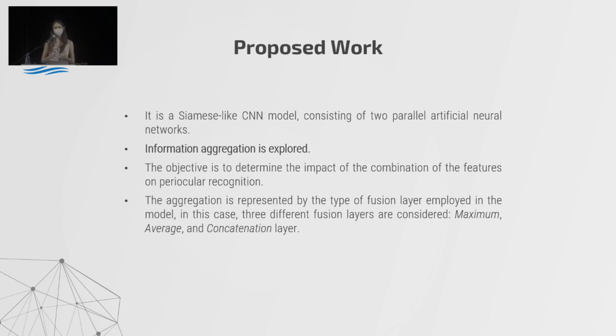The goal here is to explore the information aggregation for the periocular area and to determine the impact of the combination of the features in the periocular region. In this case, the aggregation is represented by the type of fusion layer employed in our model. We consider three different fusion layers, which are maximum, average, and concatenation layers.